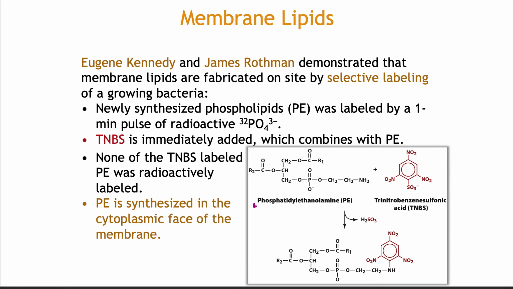So what was done is that newly synthesized phosphatidylethanolamine phospholipids were labeled by a 1-minute radioactive pulse of phosphate. So this phosphate would end up being radioactively labeled. And then if trinitrobenzene sulfonic acid, or TNBS, was added, it will interact with those phospholipids, right?